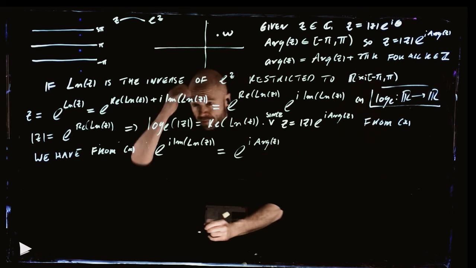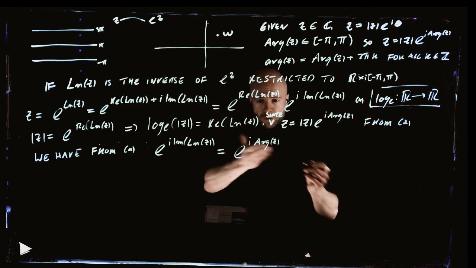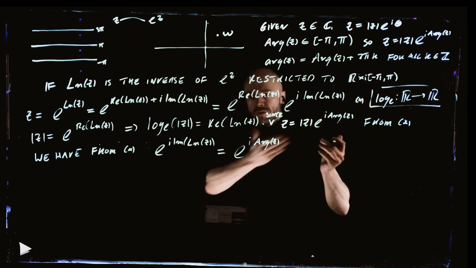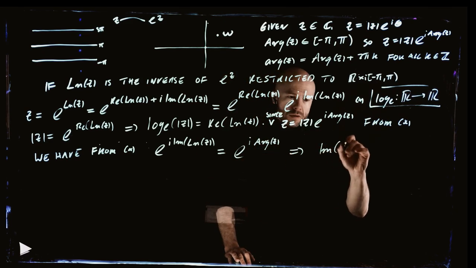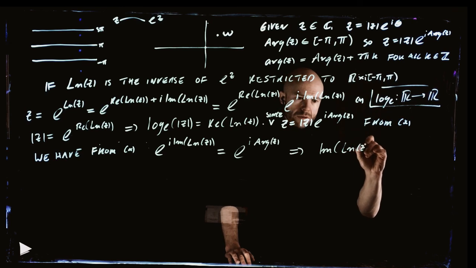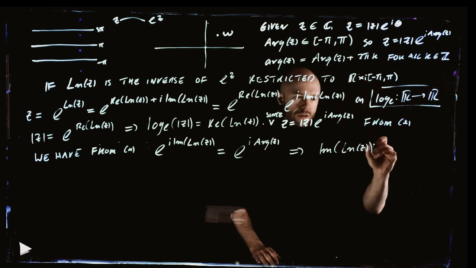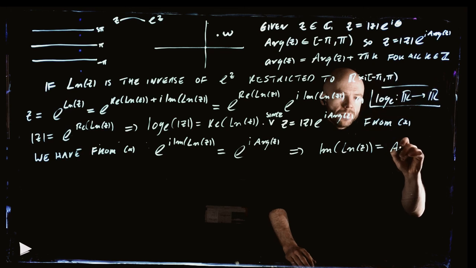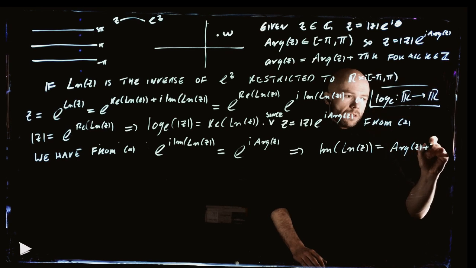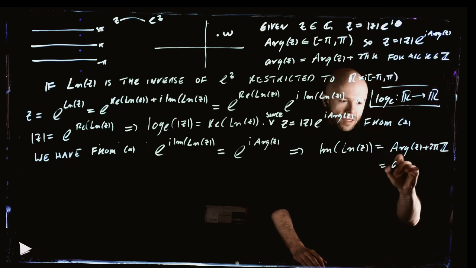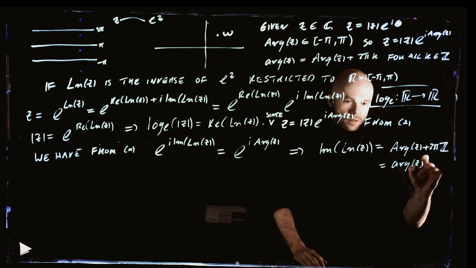Yeah? And the only way that's true, we could also write e to the little i arg of z, this implies that the imaginary part of log of z is equal to arg of z plus 2 pi k. Let's write it like this, i.e. that's the same as little arg of z. Yeah?